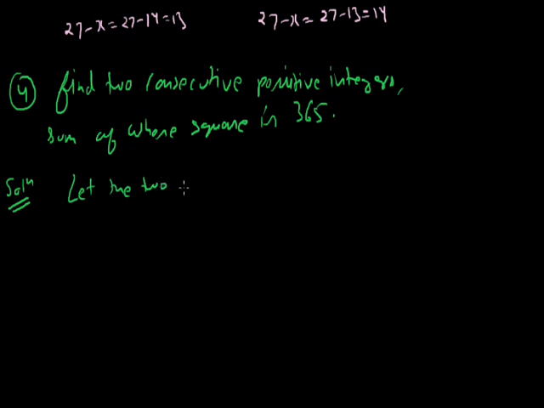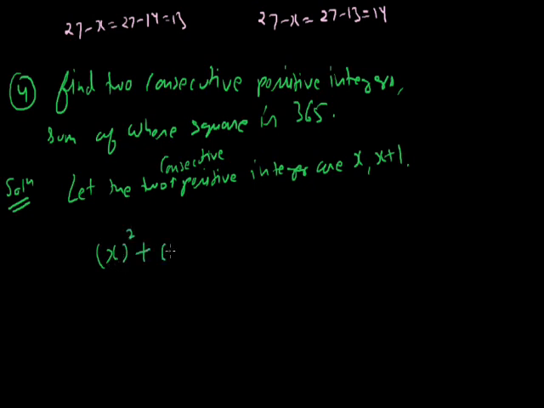Let the two consecutive positive integers be x and x plus 1. And according to question, x का square plus x plus 1 का square, the sum of their squares is equals to 365.